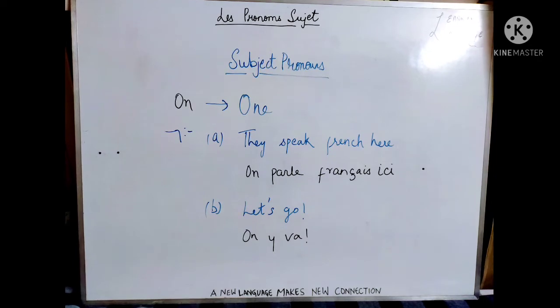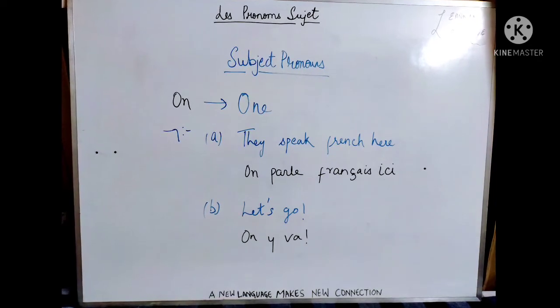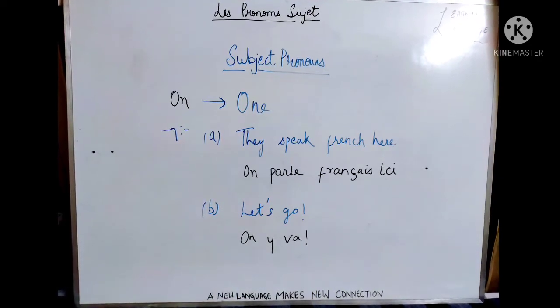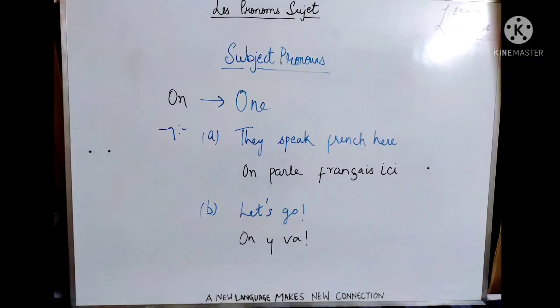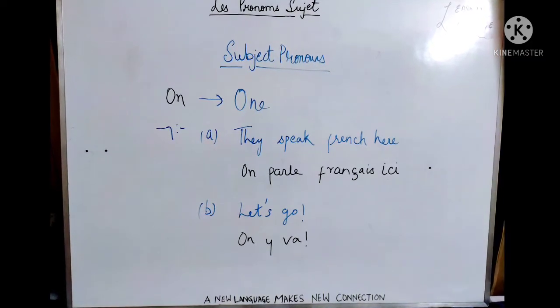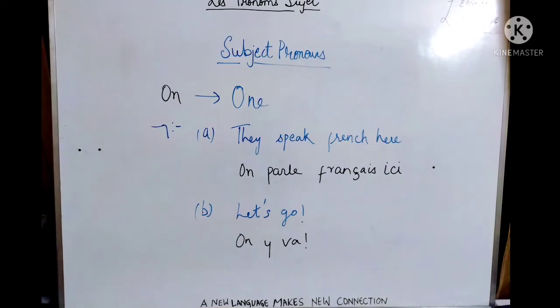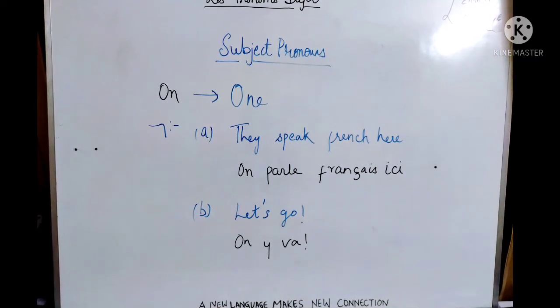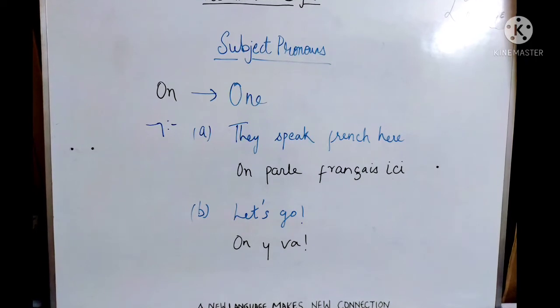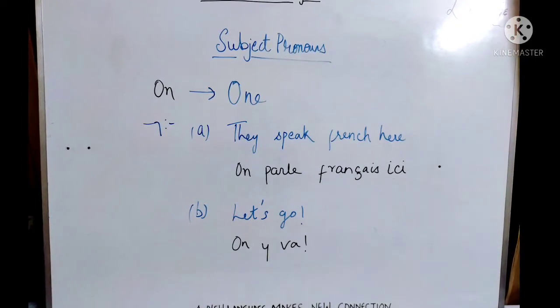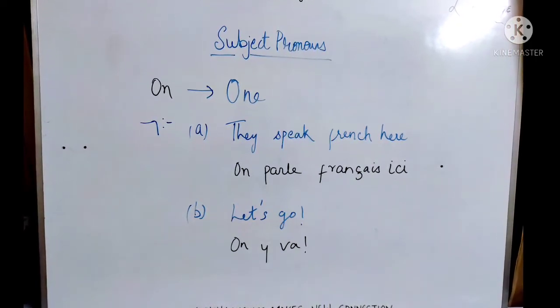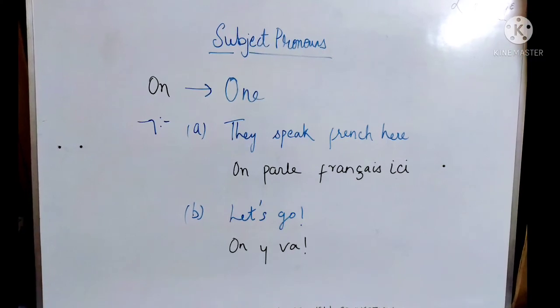So the first example is they speak French here. So how to translate in French? On parle français ici. Okay? On parle français ici means they speak French here. So on can be used in place of they here. Okay?